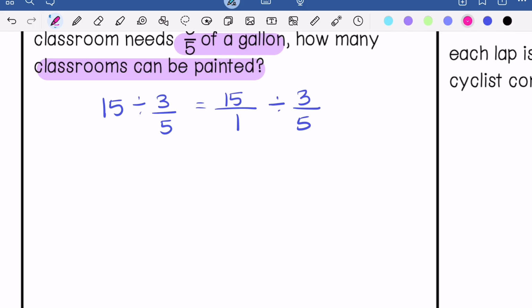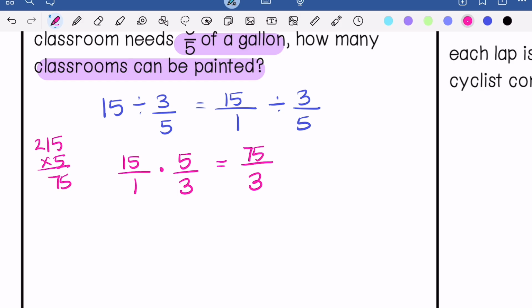You're going to keep, change, flip. So that is 25 classrooms.